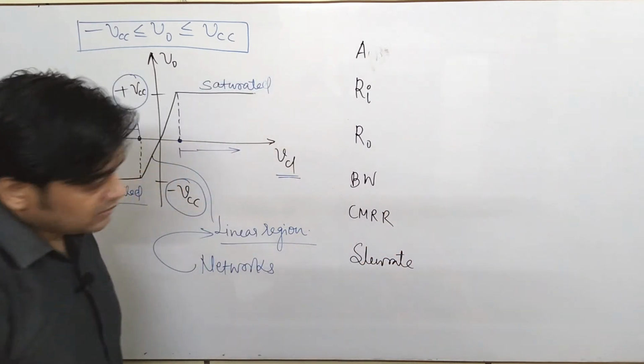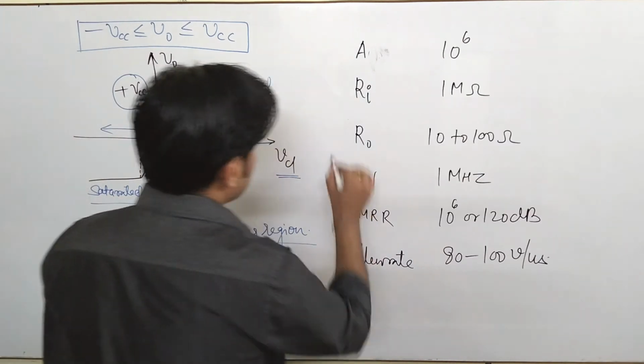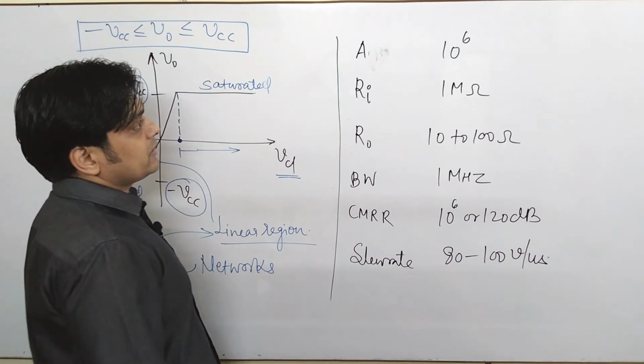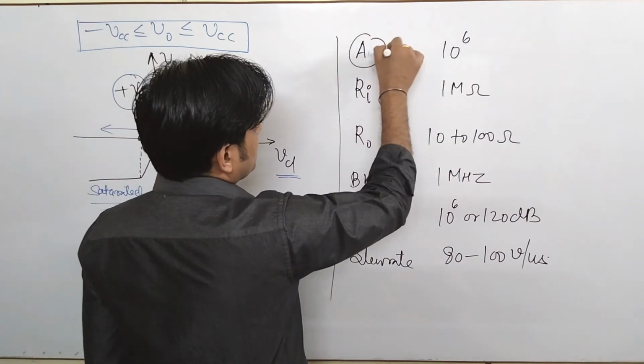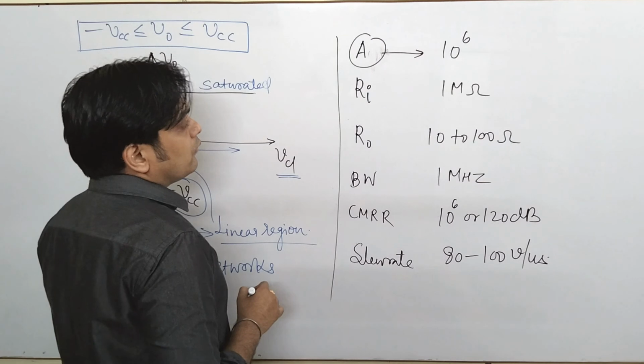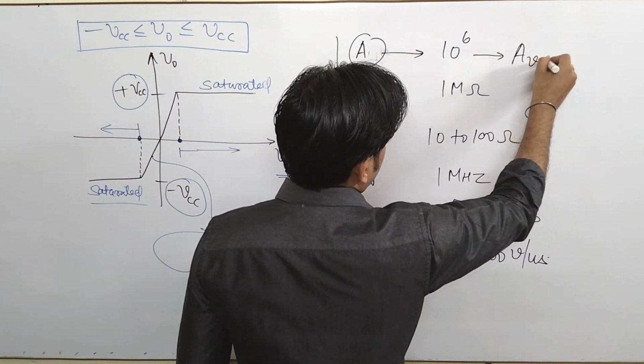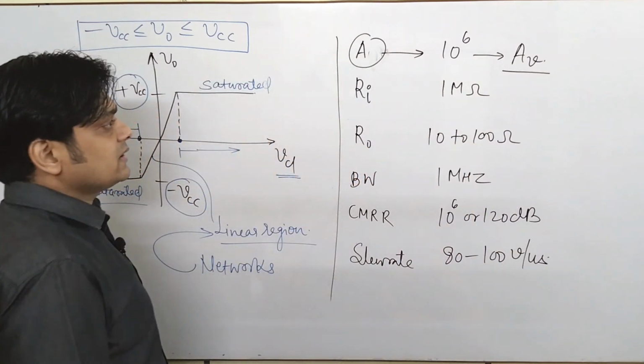So this is all about the parameters of a practical operational amplifier. This A is known as your voltage gain. It is also represented by AV. Just keep in mind, it is AV.